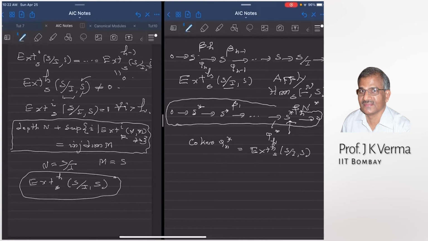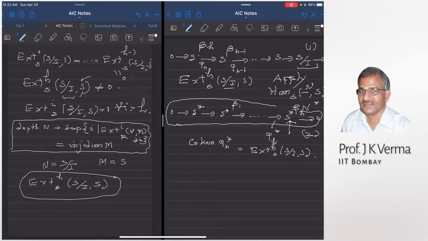So let me call this 1, and this has 1, and this has 2. So I had a minimal free resolution of S mod I, and this number 2, do you see that this is a minimal free resolution of the Ext? Number 2, because only at the last spot the cohomology is non-vanishing.